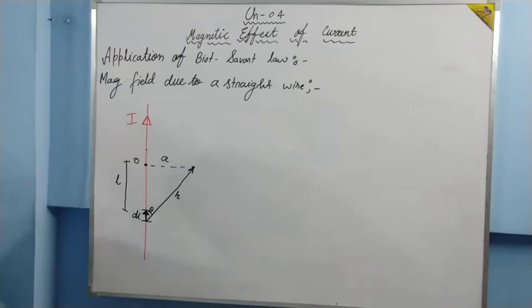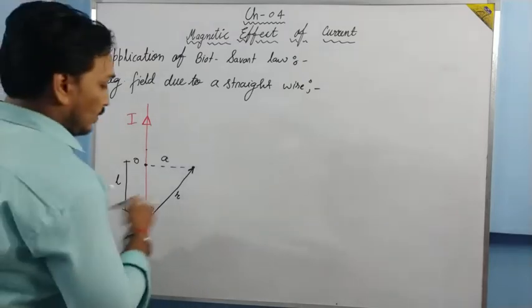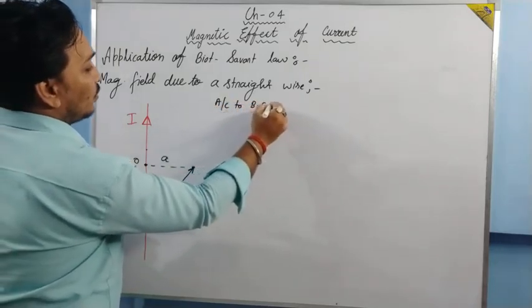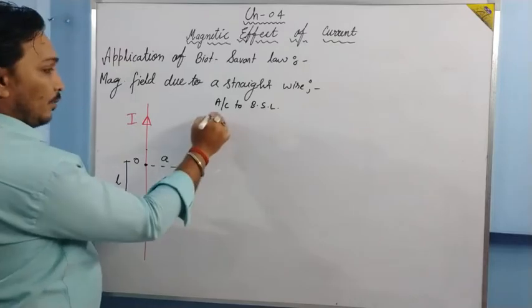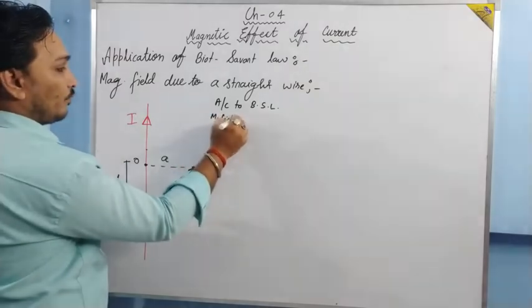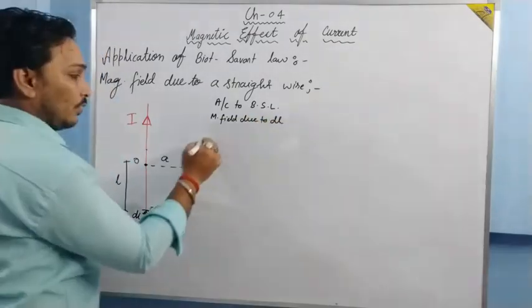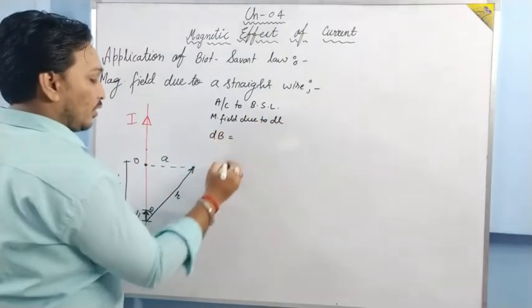Now, according to Biot-Savart law, the magnetic field due to dl, dB, is given by what?